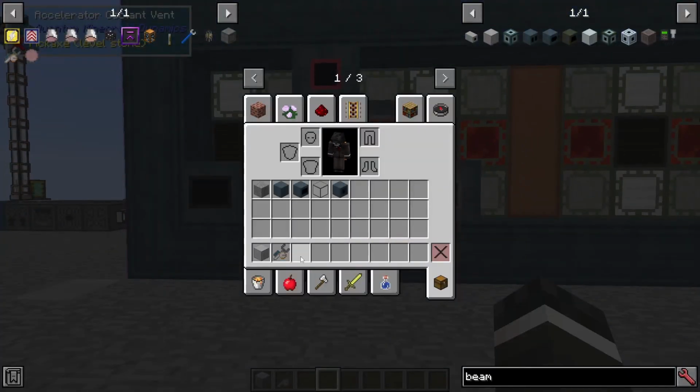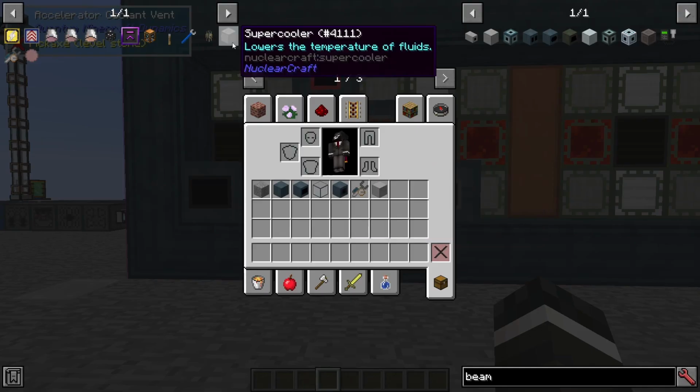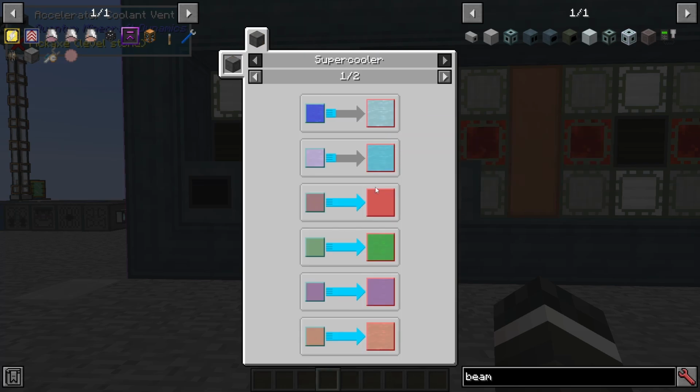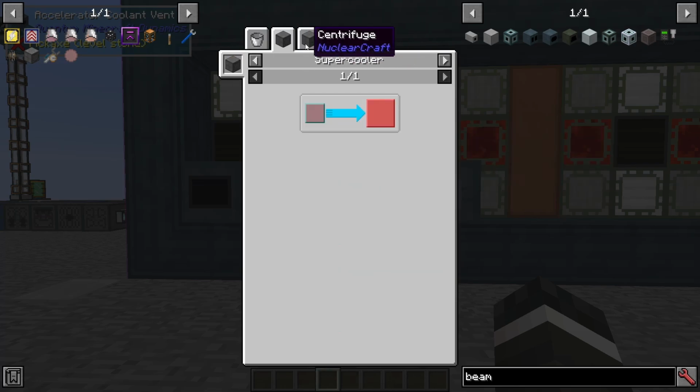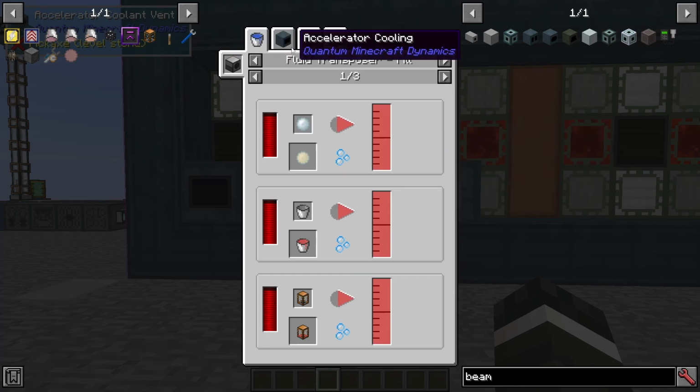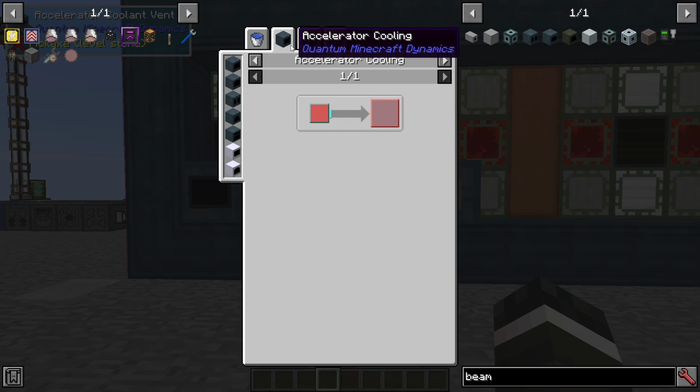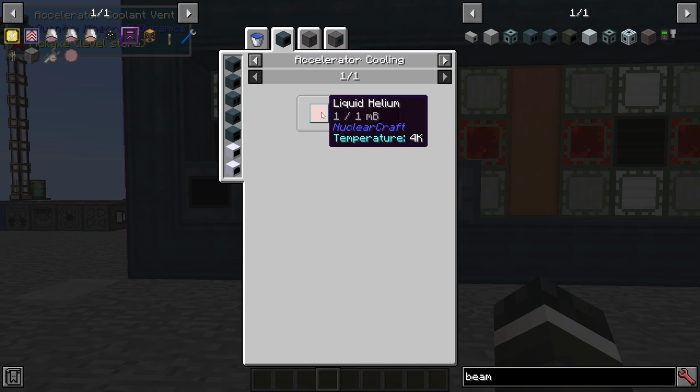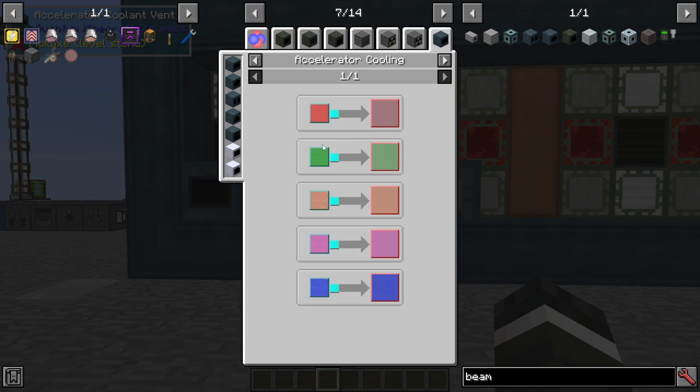Now, how the cooling works here. A linear accelerator utilizes, as you can see in the accelerator cooling tab here, 1 millibucket of liquid coolant, and that is for all the coolants, to cool down 1000 heat.